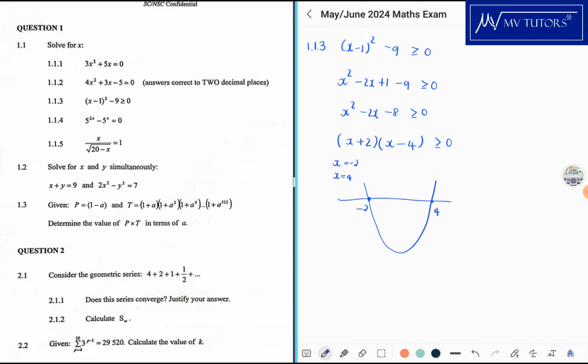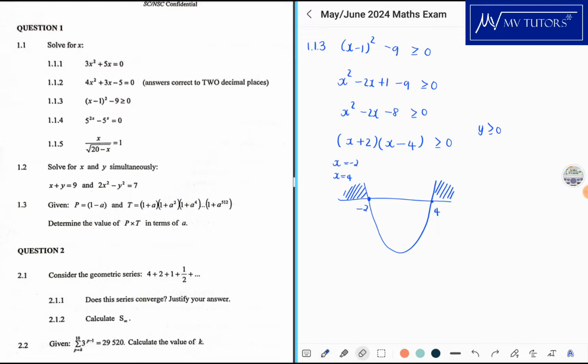Now which portion are we going to highlight or shade? We have here that it's bigger or equal to 0. So if it's bigger, it means we're looking above the x-axis, okay? Because this just symbolizes that your y is bigger and equal to 0. Okay, this entire thing is your function, all right?